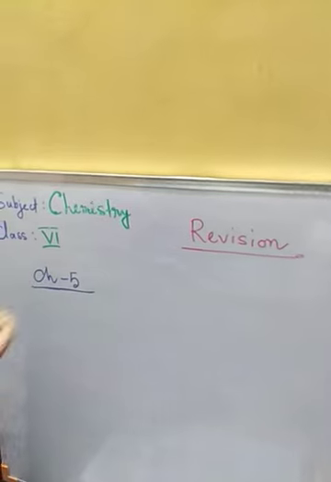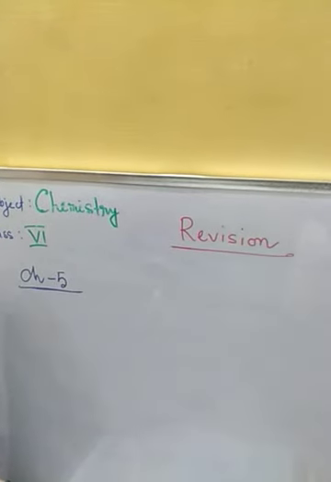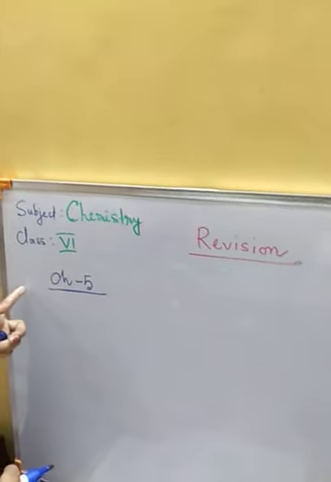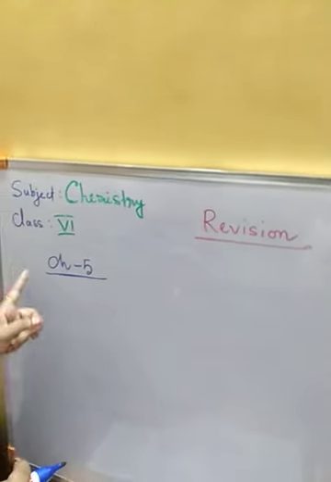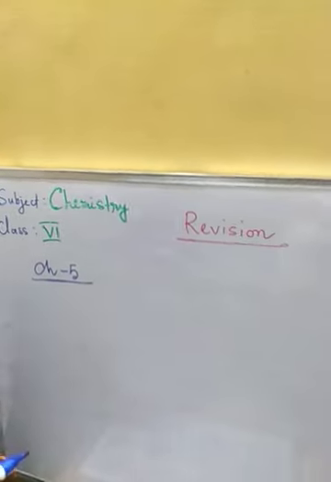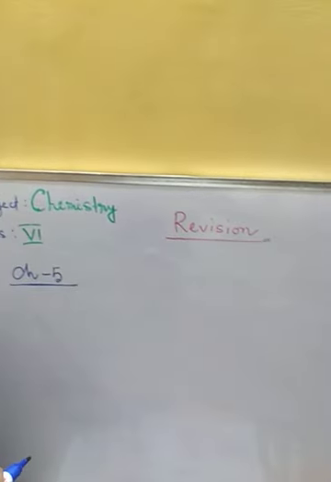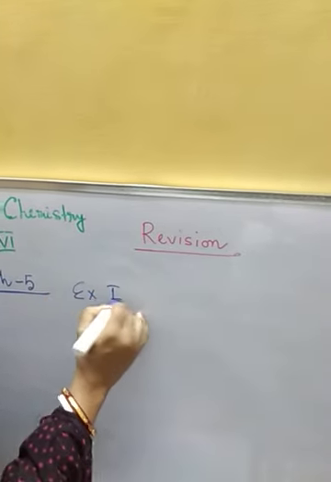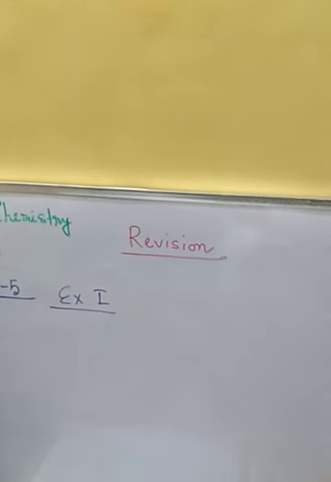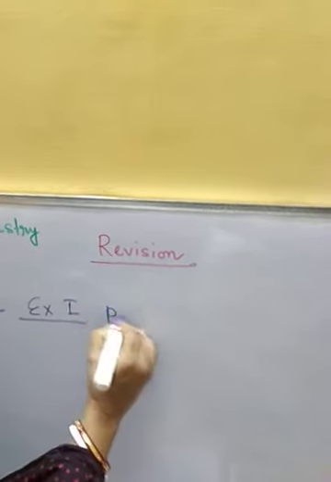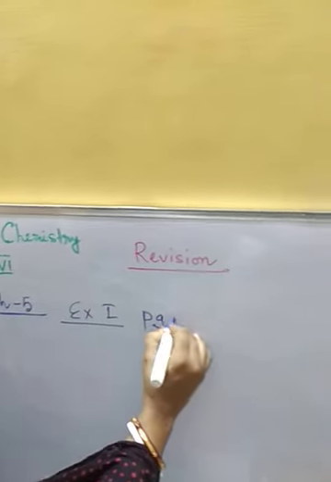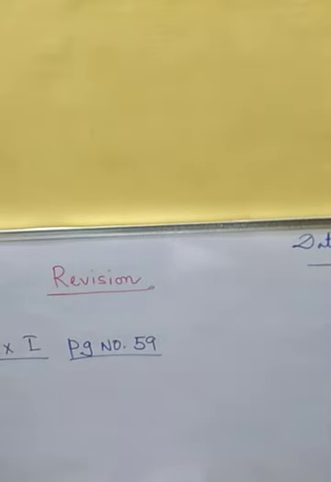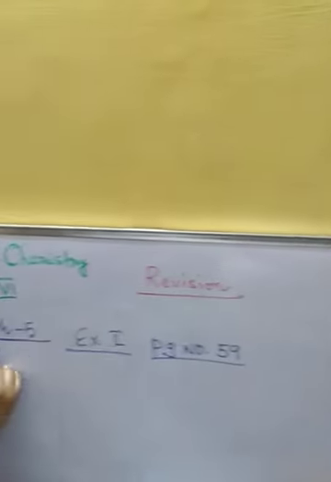In the curriculum it is chapter 2, element, compound and mixture, but in your book it is chapter 5, pure substances and mixture. In chapter 5, exercise 1, page number 59.